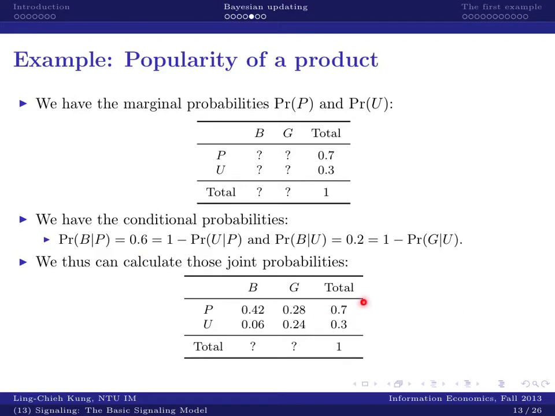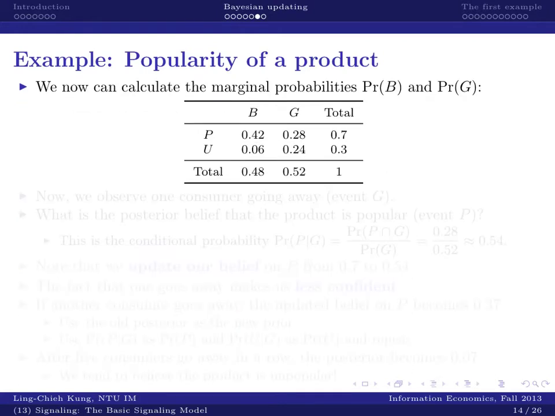The product is popular, and given that someone buys it, so it would be 70% times 60%. So it's 42%. And you can do all the calculations similarly to get these four joint probabilities.